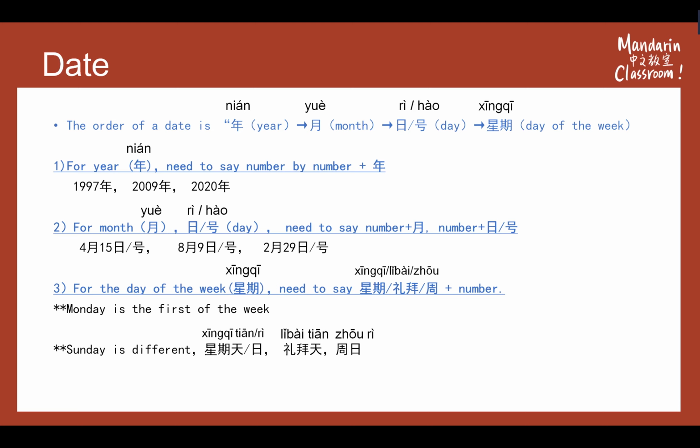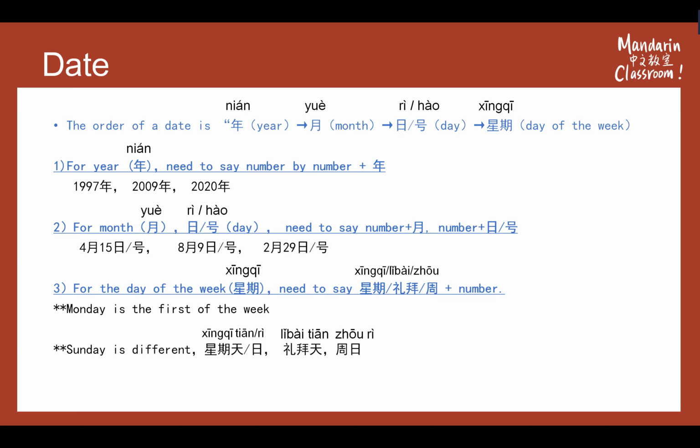So it's 8月9日 or 8月9号. And the last, February 29th. It's a special day, right? So it's 2月29日 or 2月29号. Compared to English expression, it's much easier. You don't need to remember a lot of words like January, February, March, right? You just say the number plus 月 and say the number plus 日 or 号.